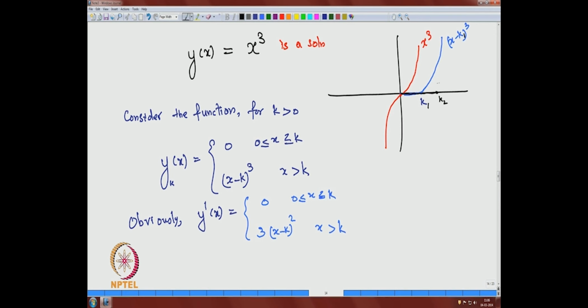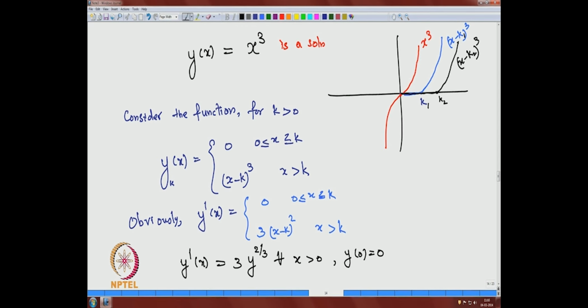The value of the function up to k2 is 0, then it is (x - k2) cube, and you can see that the derivative y'(x), because of this form, satisfies the given differential equation, 3 times y^(2/3), for all x greater than 0, and it satisfies y(0) = 0.